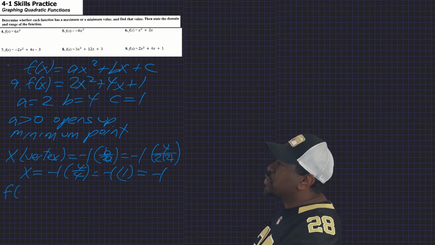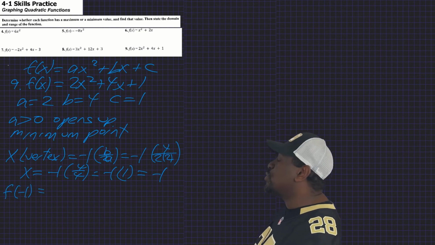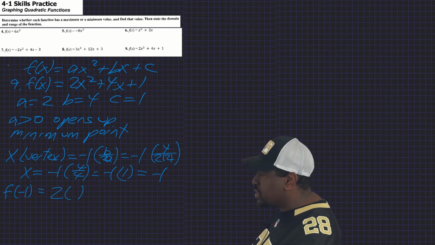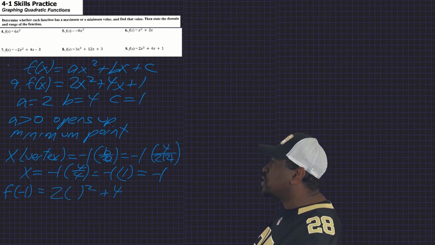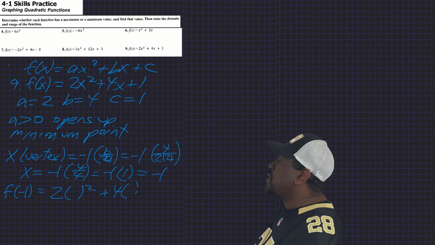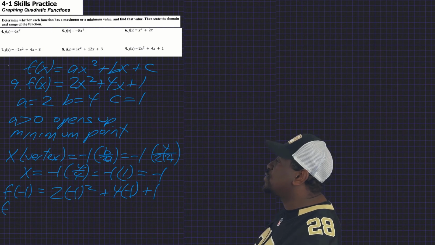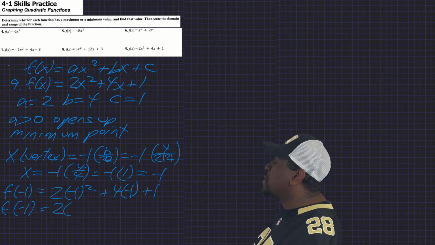So now, in order to find our minimum value, we will find f of -1. We substitute -1 into our function, 2x squared plus 4x plus 1, and where x is, we substitute -1. So we have 2 times -1 squared plus 4 times -1 plus 1.